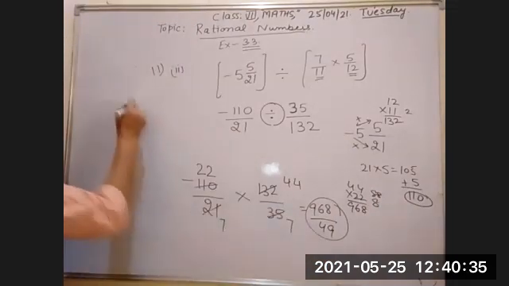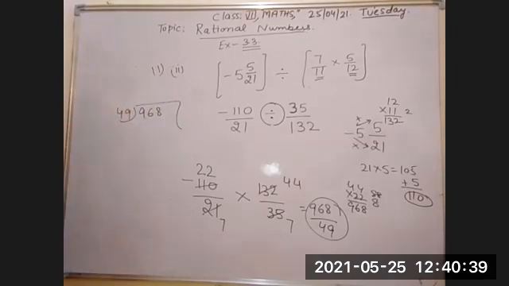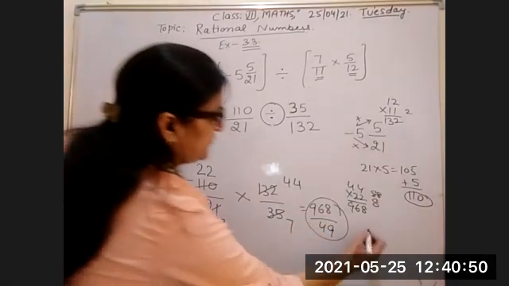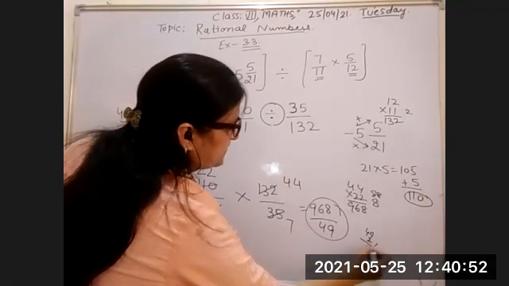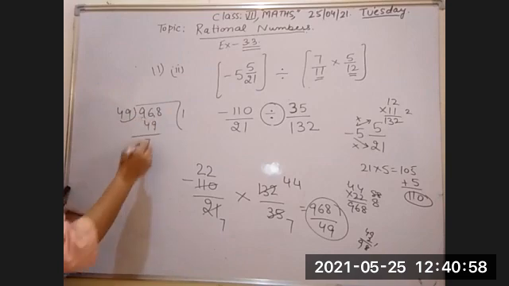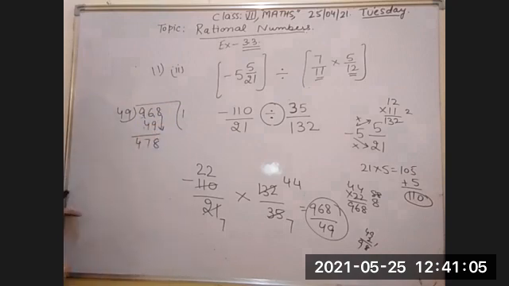Now you have to convert 968 upon 49 into a mixed fraction. First you will check 49 2s are 98. So 49 1s are 49 will go, and from 16 subtract 9 gives 7, and from 8 subtract 4 gives 4, and now you will carry 8 here.